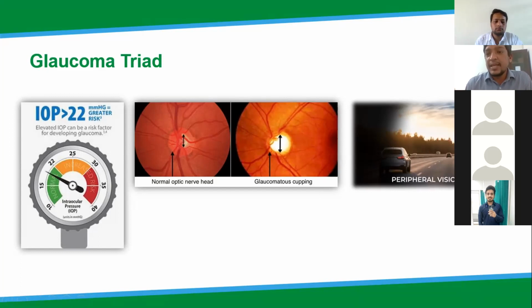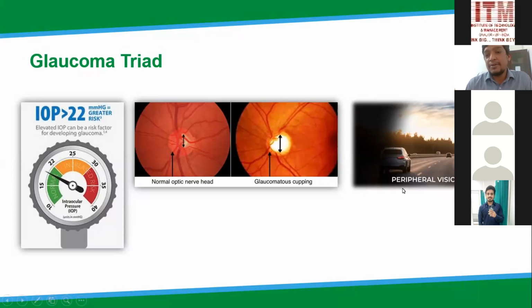But because of the increase in intraocular pressure and damage to nerve fiber cells, there is a decrease in our visual field. And this is very dangerous. If someone has a very small visual field, that person is very prone to falls or accidents.